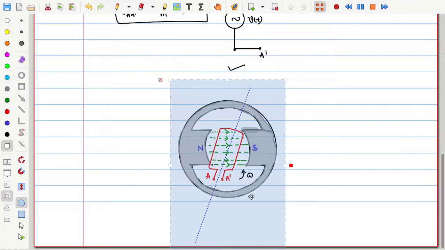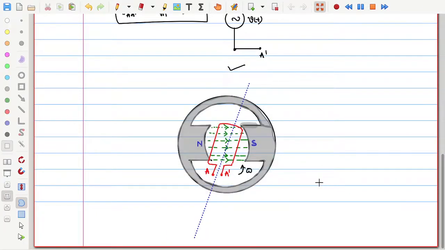Already one coil is placed inside this magnetic field, and I will take two more coils like this. From here I make some angle with this, and take one more coil like this.